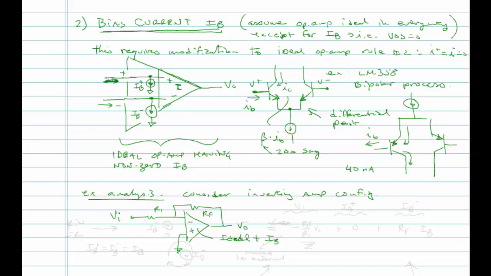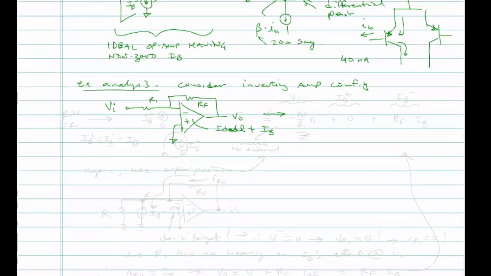So we're going to redraw this. In fact, I'm not going to redraw it. I'm just going to add in my current sources to expedite this. I'm going to hang two current sources to ground. And at this point, we're going to say that IB plus is equal to IB minus is equal to IB.